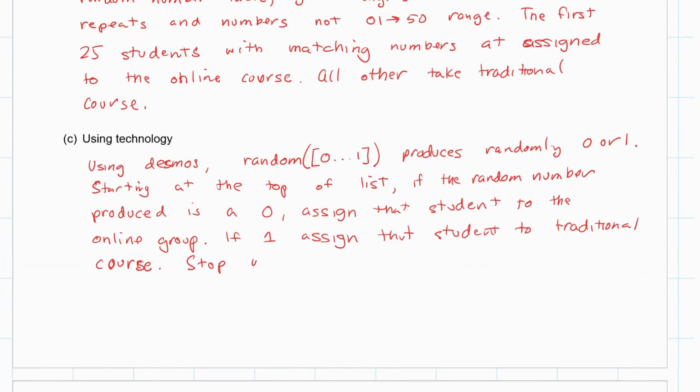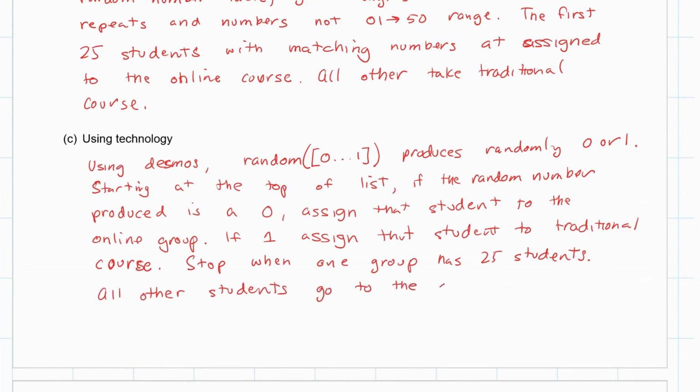Stop when one of the two groups has 25 students. All other students do what? Go to the other group. And that way we get two groups of students.